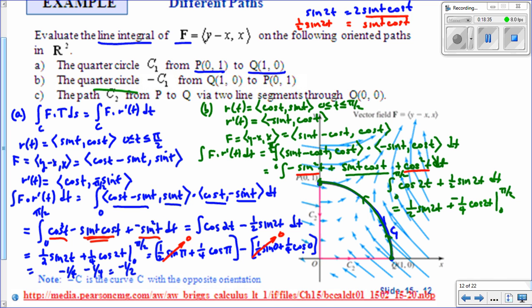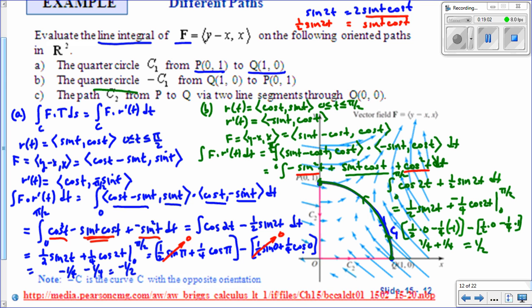Okay, evaluating, we have 1/2 sine of pi, which is 0, minus 1/4 cosine of pi, which is -1, minus 1/2 sine of 0, which is 0, minus 1/4 cosine of 0, which is 1. So we get 1/4 plus 1/4 gives you 1/2.